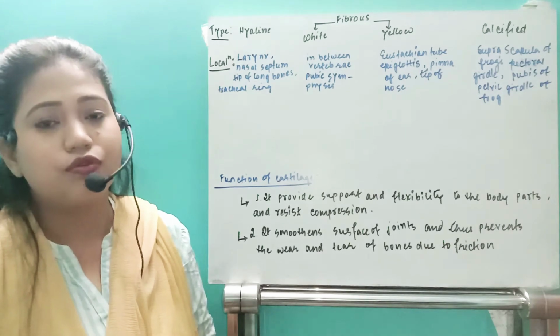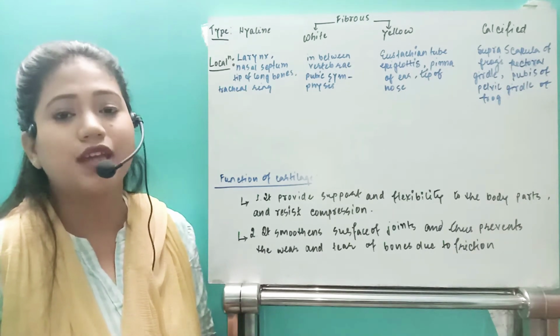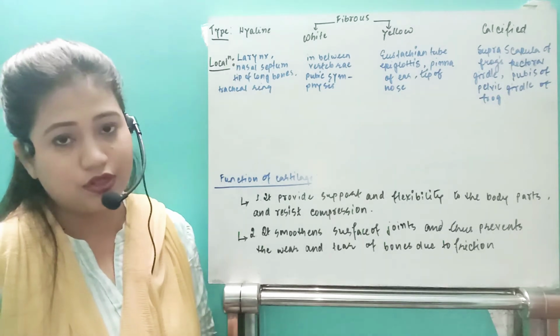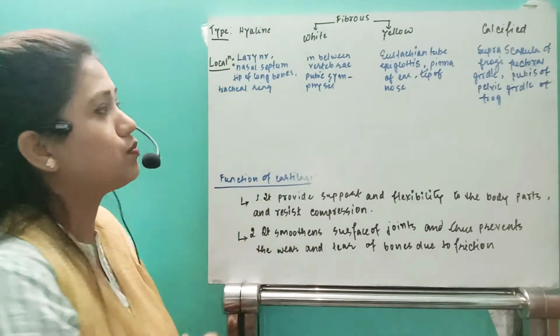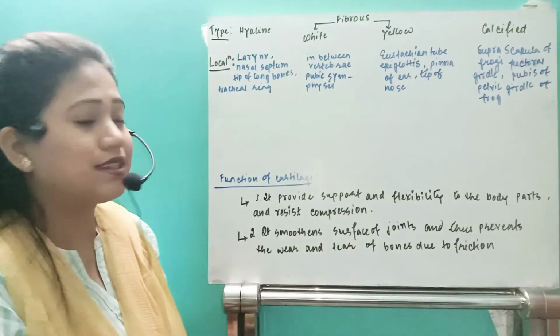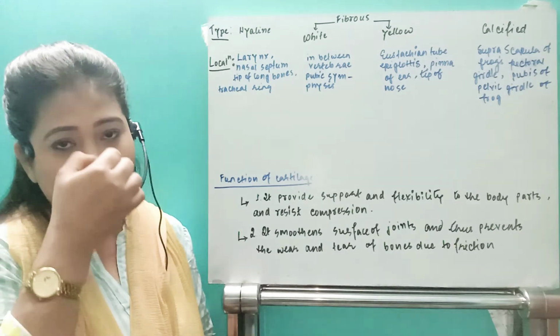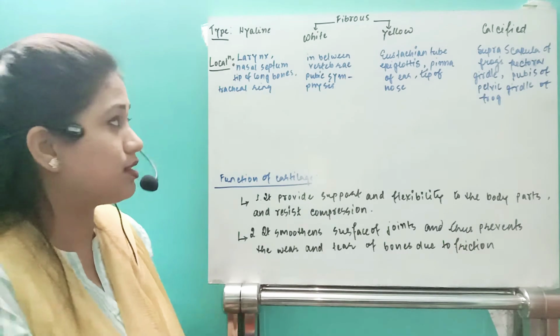Now come to the location where all the types of cartilages are present. First of all, hyaline cartilage is present in the larynx. Larynx is the voice box. Next one, the nasal septum. In the nose, just behind it, we have a septum, that is called the nasal septum.